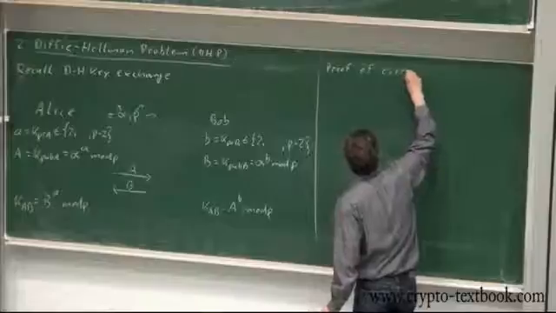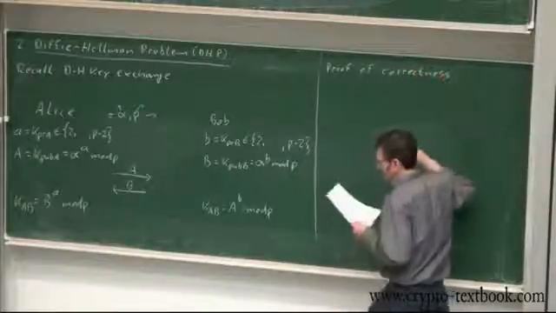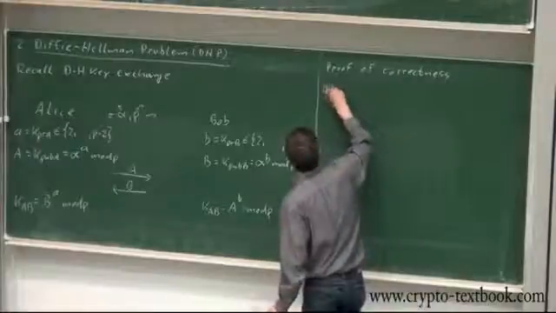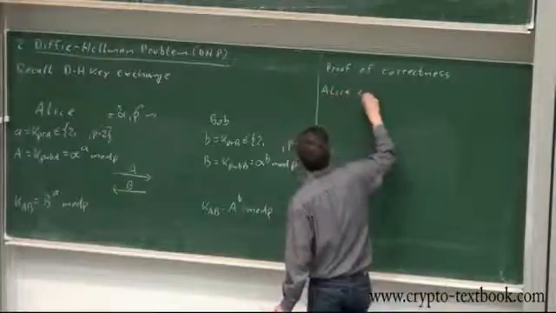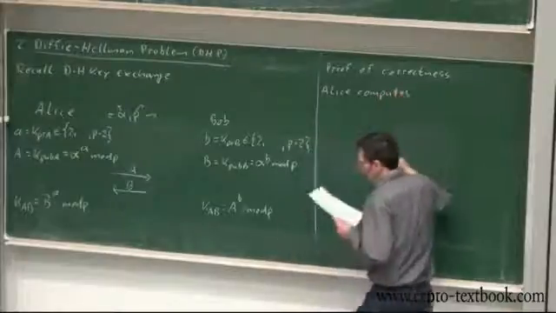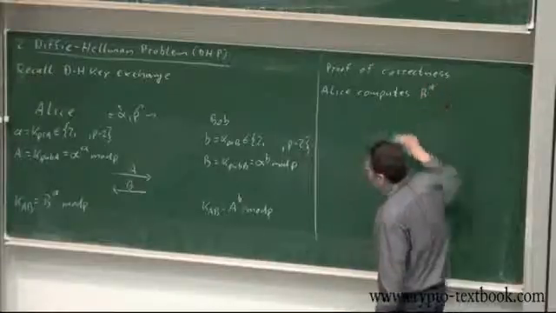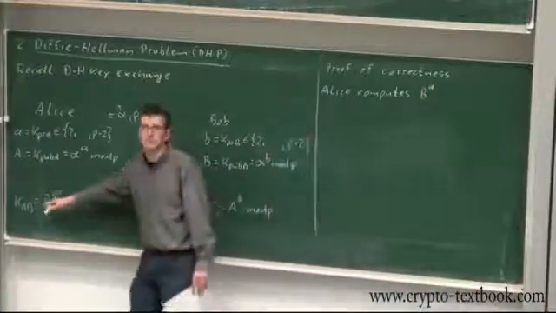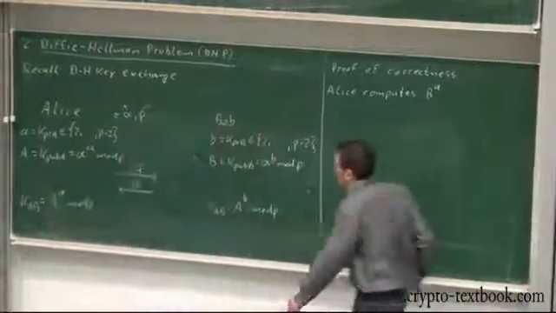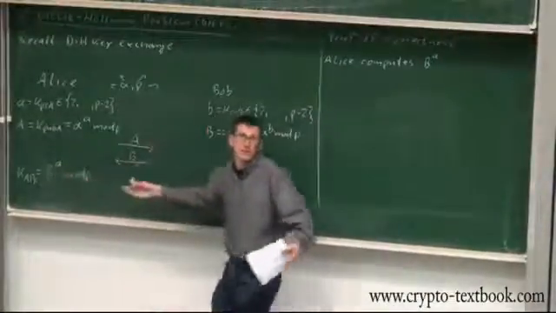Proof of correctness. Alice computes B to the A, right, uppercase B. But what is B?